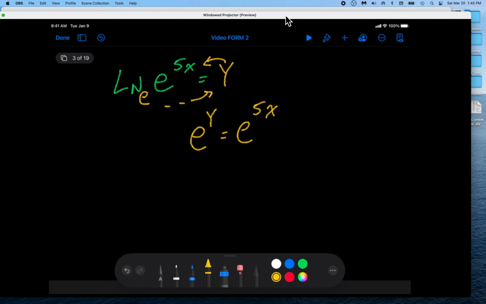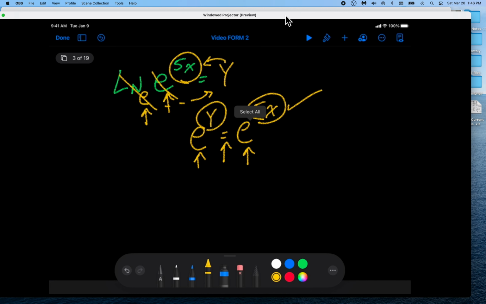We would pattern match. Base is the same. There's an equal sign here. That means these have to equal one another. So y would equal 5x. But again, it's important to recognize this relationship. If the base of the log matches the base of the exponent in the argument, you cancel and you're left with the exponent.